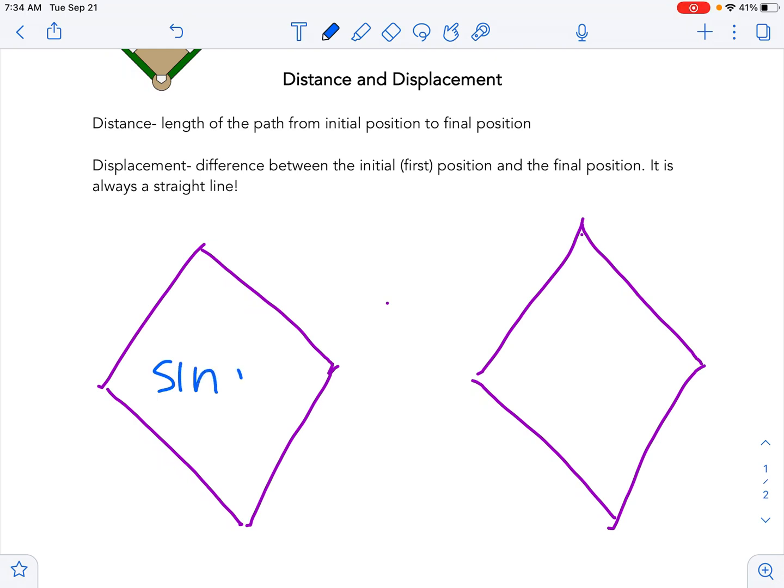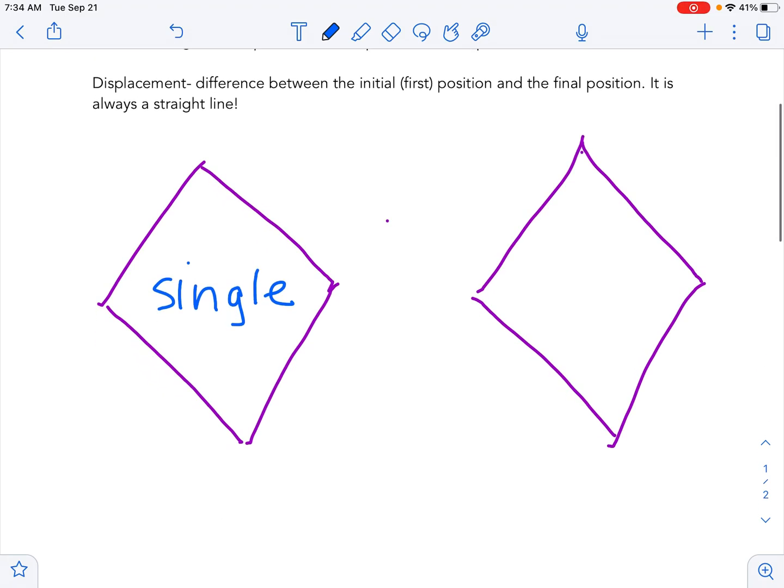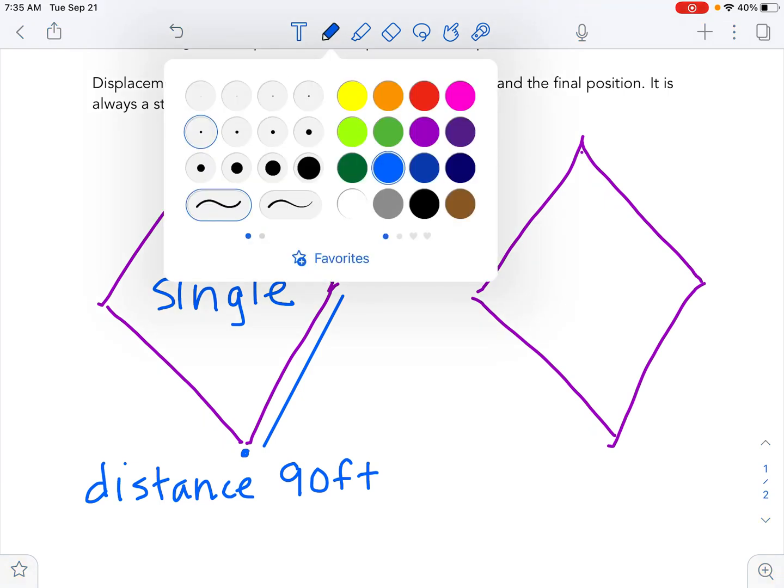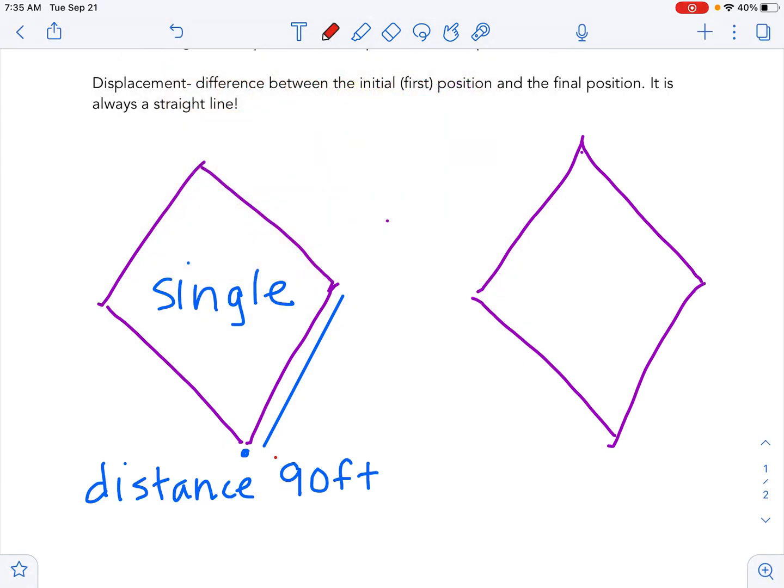So our first one is going to be if our batter hits a single. All right, so here's home plate, and our batter hits a single and goes to first base. So the distance, because the distance between each plate is 90 feet, is going to be 90 feet from beginning to end. Now, what is our displacement?